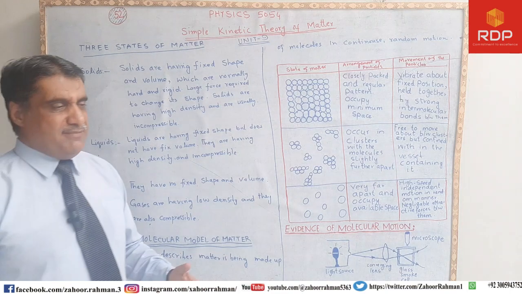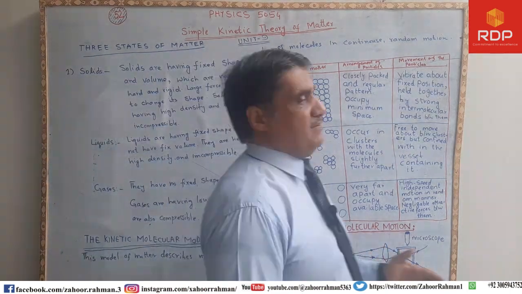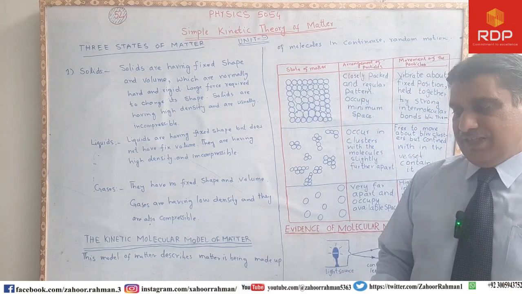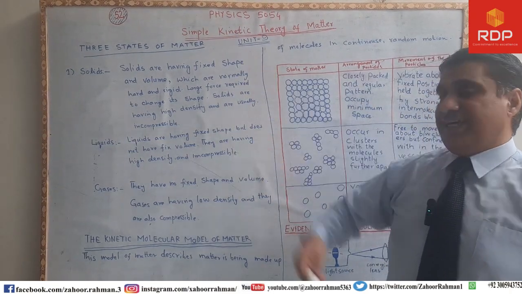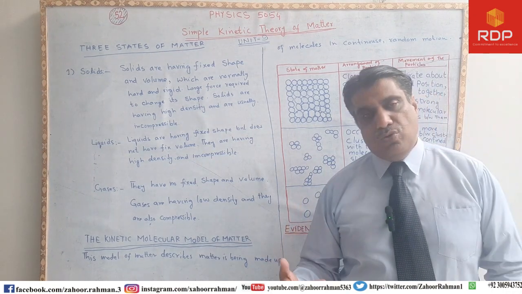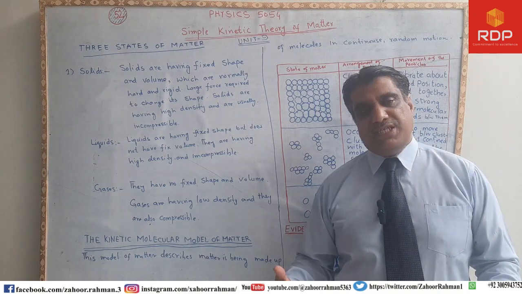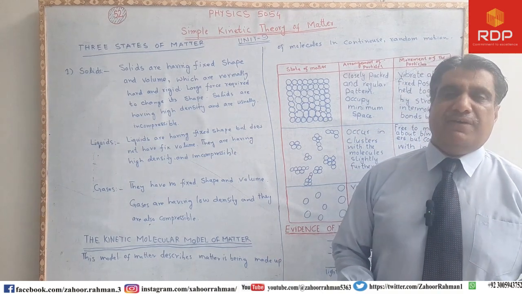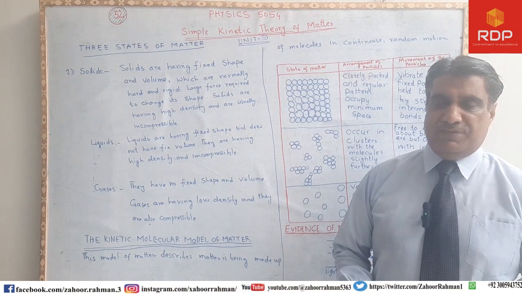What is matter? Matter is anything which occupies space. What is kinetic? Kinetic means motion. Anything which has the capability of motion will have kinetic energy.